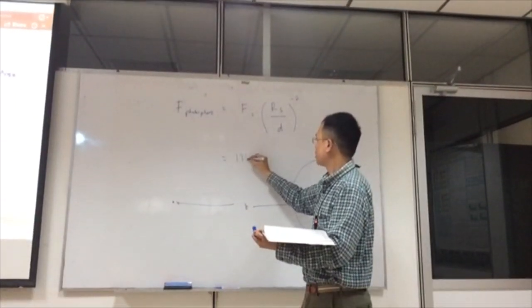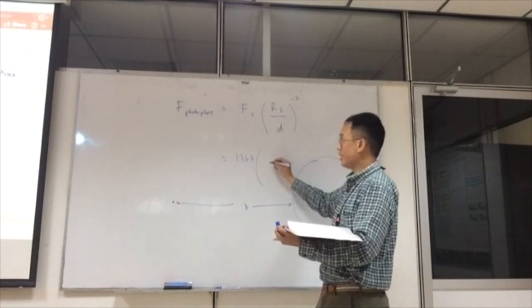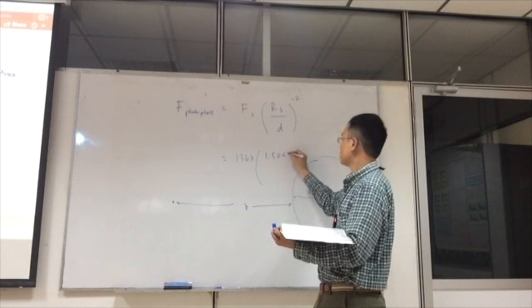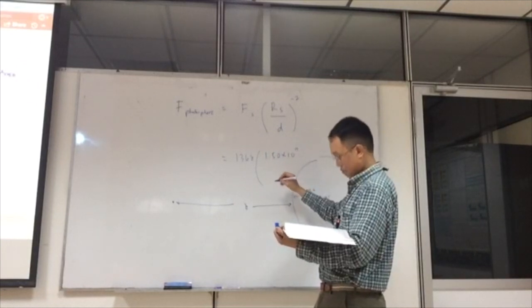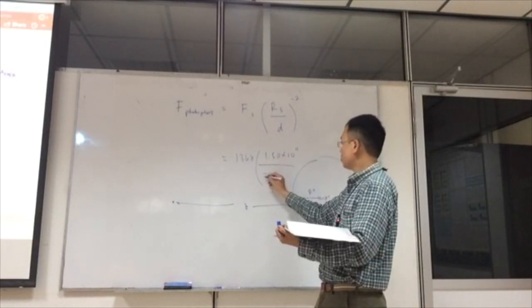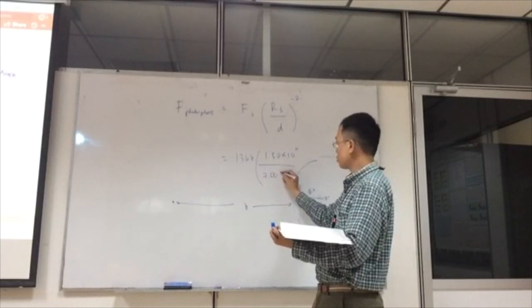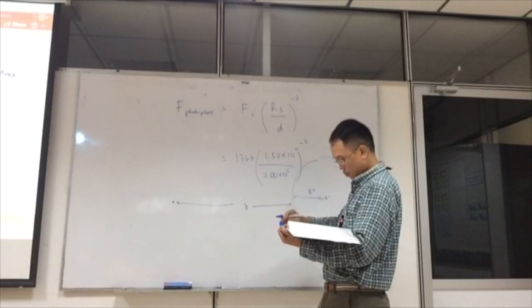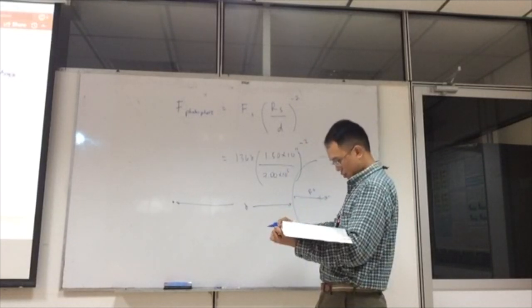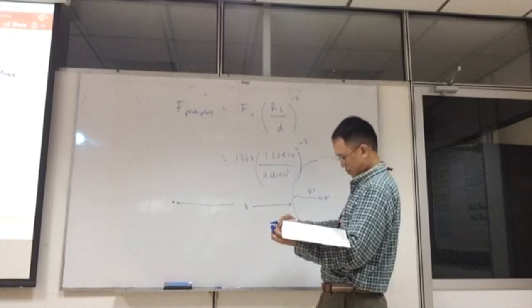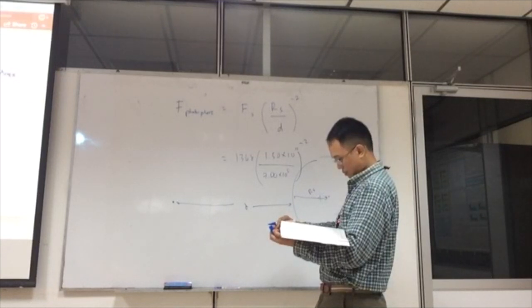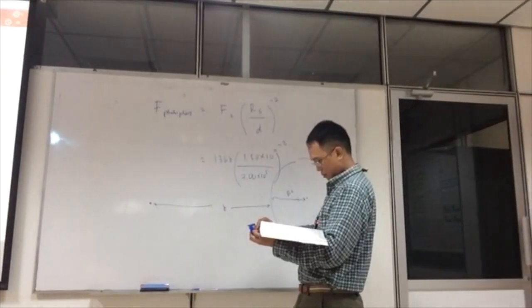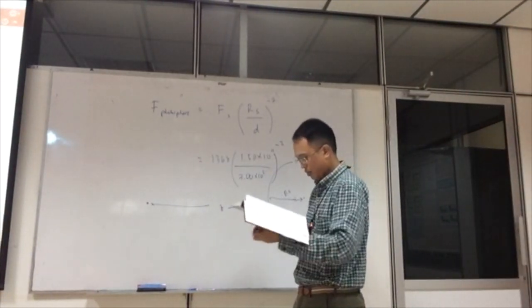So this is 1368. What is RS? 1.5 times 10 to the power of 11 meters divided by D, which is 7.00 times 10 to the power of 8 meters, to the power of -2. I think there's a typo here.